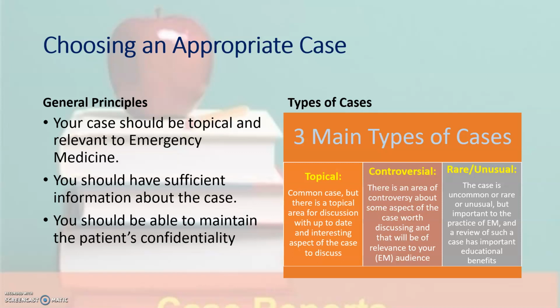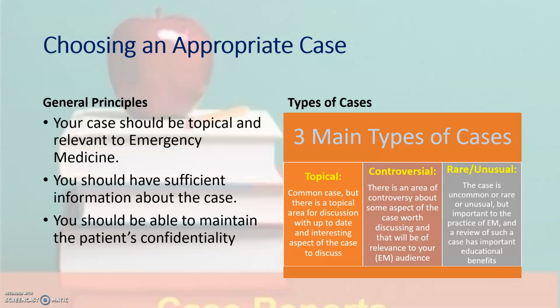When you're thinking about what types of cases to write, they fall into 3 main categories. Topical cases usually discuss a common condition seen in the emergency department, but a topical area for discussion is identified, which you can discuss at length, giving up-to-date information and possibly focusing on a specific interesting aspect of the case.